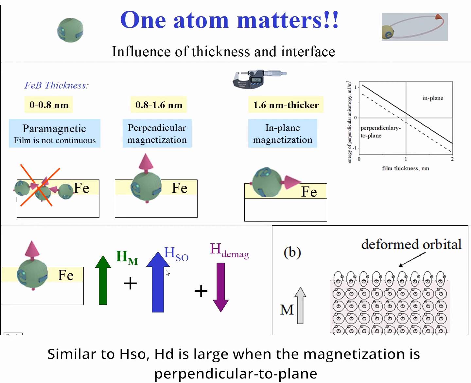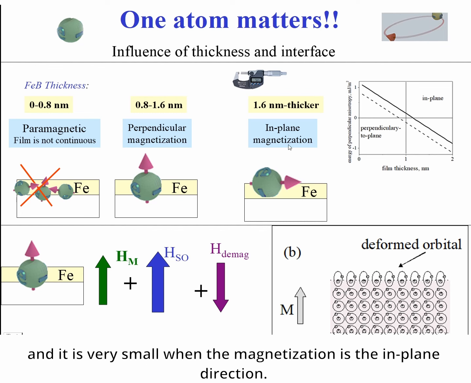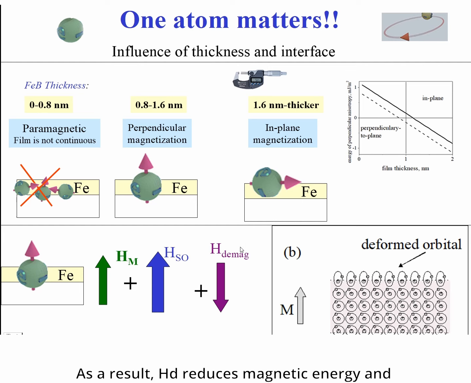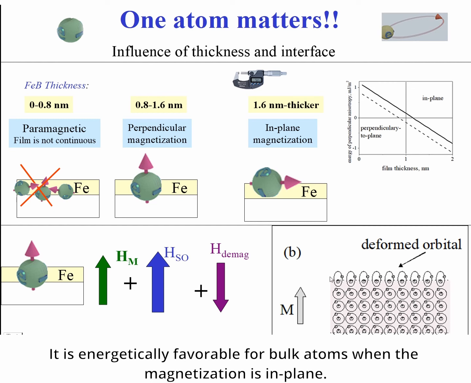Similar to the magnetic field of spin-orbit interaction, the demagnetization field is large when the magnetization is perpendicular to plane and very small when magnetization is in plane. As a result, the demagnetization field reduces magnetic energy, and it's energetically favorable for the bulk atoms when the magnetization is in plane.